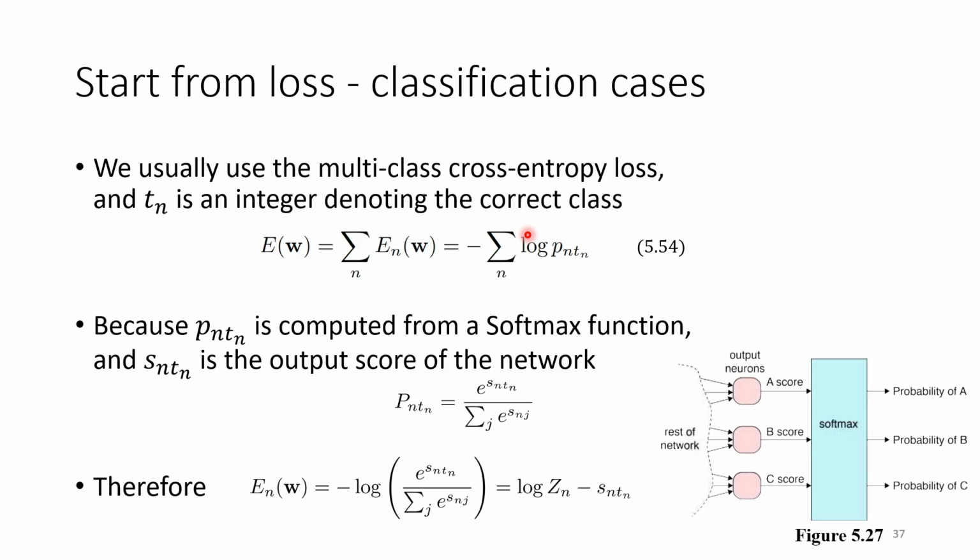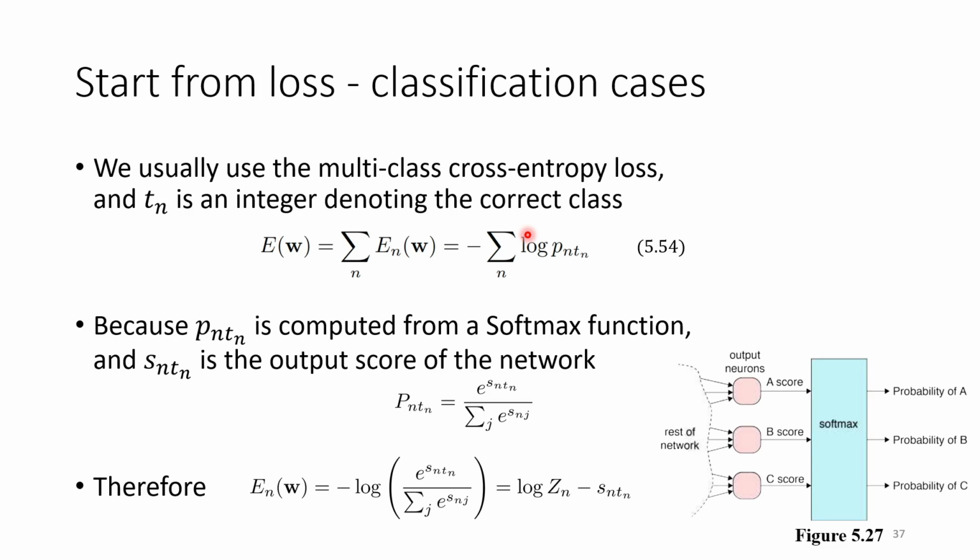This is the curve of log, and between 0 and 1 the values of log are all negative. If you take the negative log, it will look like this between 0 and 1. So if your probability is close to 1, the value becomes smaller.